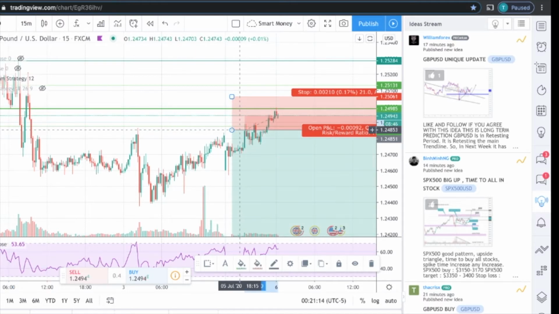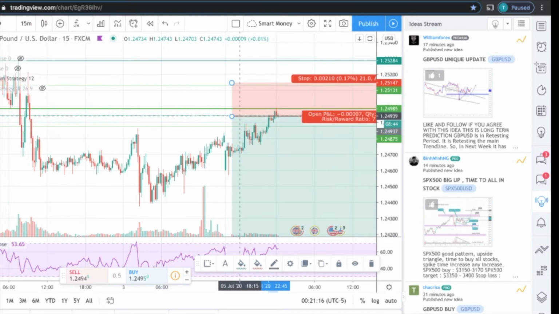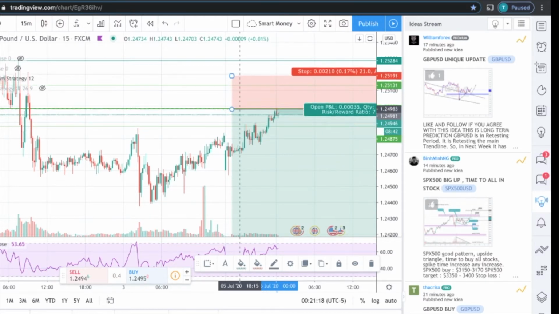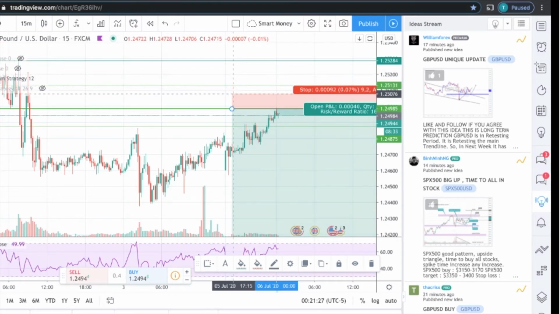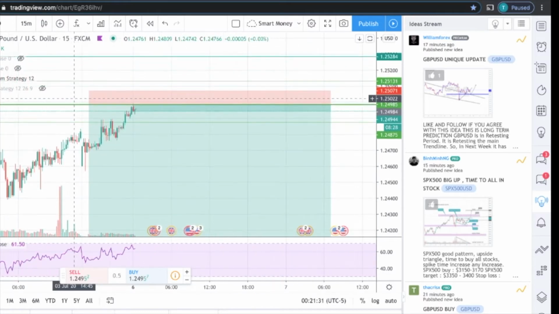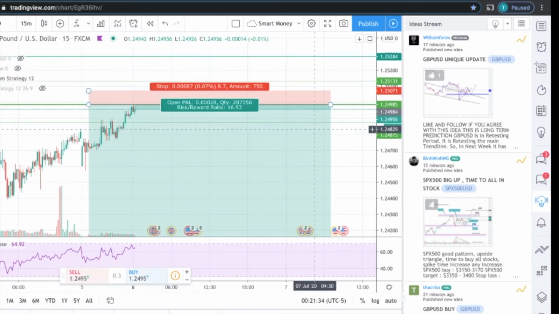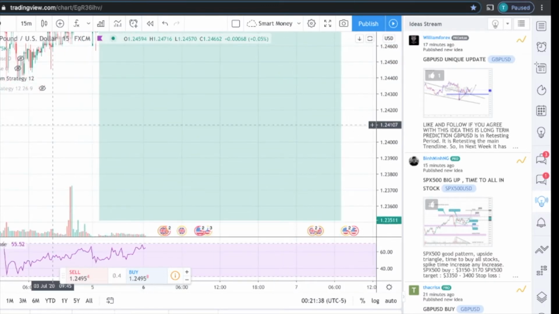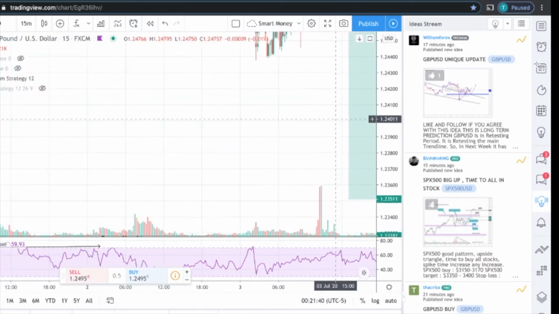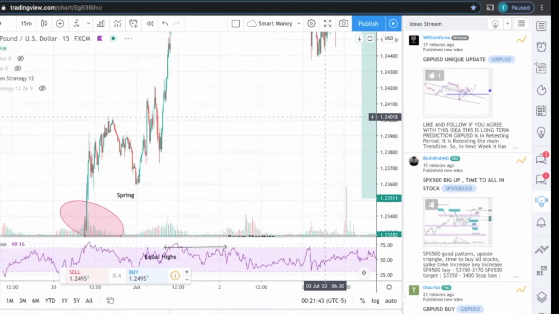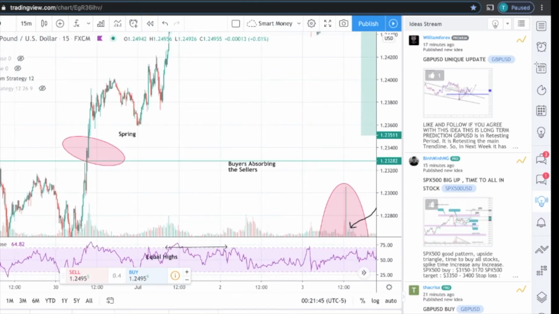And that entry would have been right here, and then my stop loss would be right here. If that's the case, look at that, I would have had almost a 17 to 1 risk reward ratio, and that is if I am going to just the imbalance zone that I want to go to.